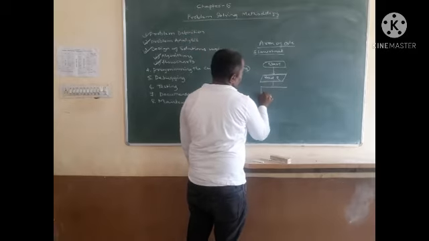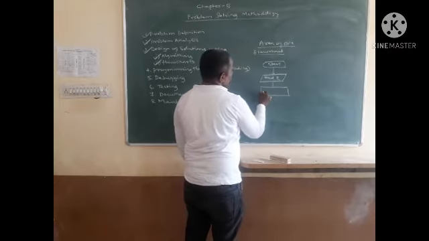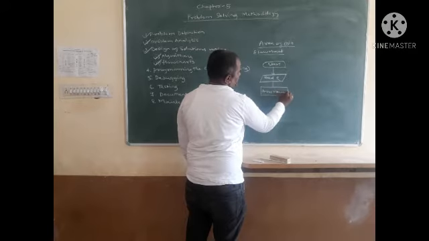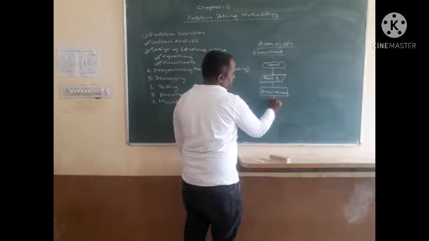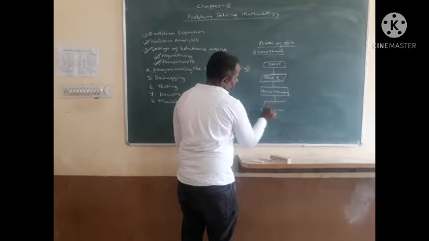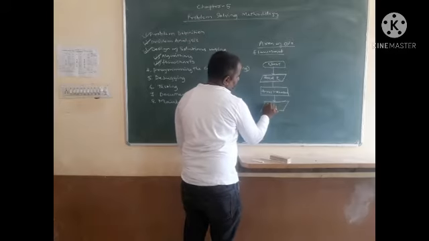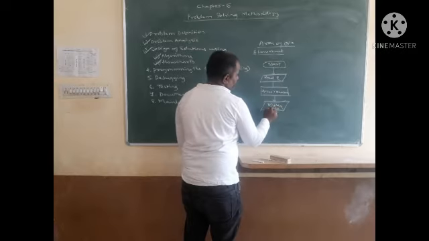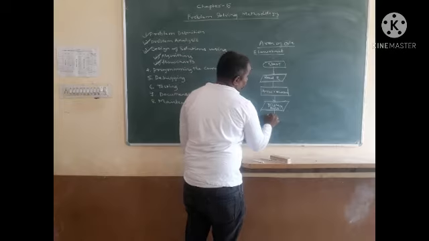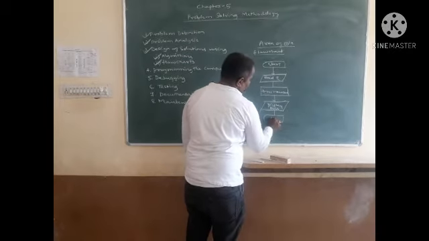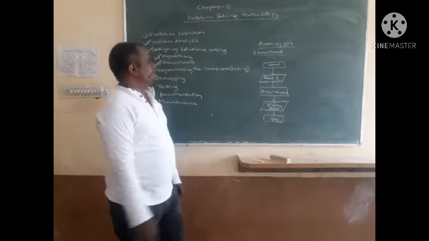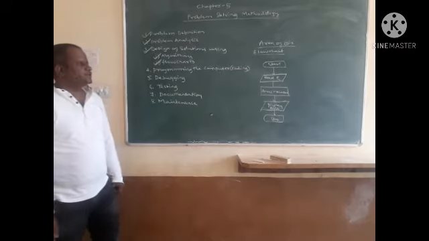Then we write the area is equal to 3.142 into r into r. Then we display the area, and finally we stop. So for finding the area of a circle, we write the flowchart like that.